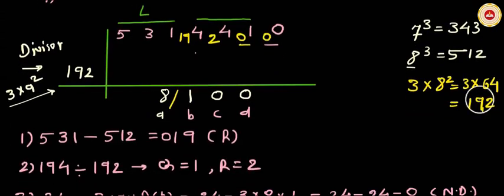But CD are 0, so duplex is going to be 0, and in triplex of BC, C is 0, so triplex is also going to be 0, and the gross dividend is 0, therefore we get net dividend 0. If we divide net dividend 0 by 192, the quotient will be 0 and the remainder will be 0. So the zeros will repeat, and there is no point in carrying out further division.